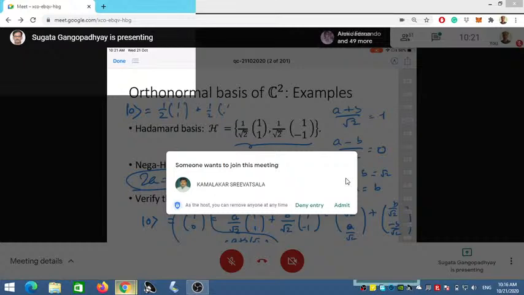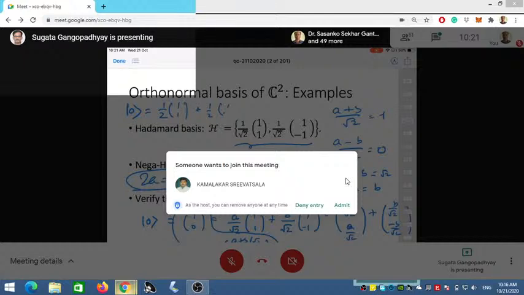What is happening? So suppose I want to write 1 0 with respect to this basis. Then what will happen? This is a by root 2 (1 1) plus b by root 2 (1 -1). All right, so what does it mean?